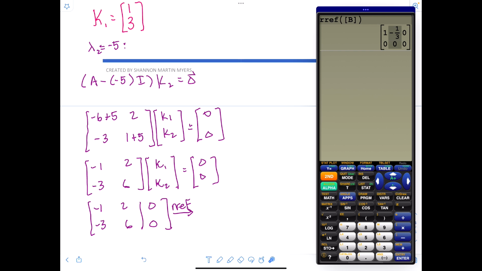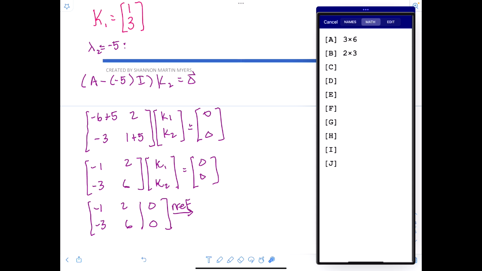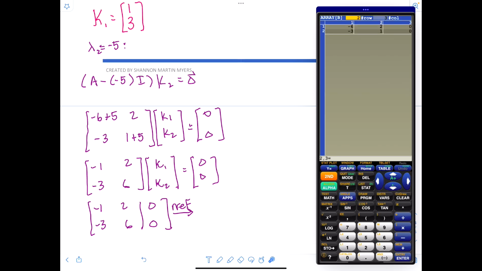let's go back to that same matrix. So second matrices, edit, we're going to edit matrix B, and it's just going to be where we have our eigenvalues. So it'll change to negative 1 in that first entry, and then in row 2, column 2, we'll have 6, and then we're good to go.